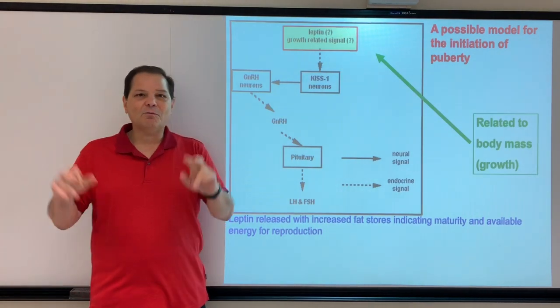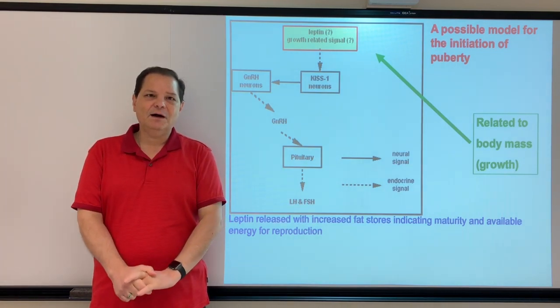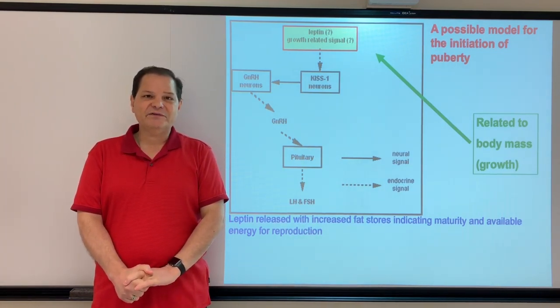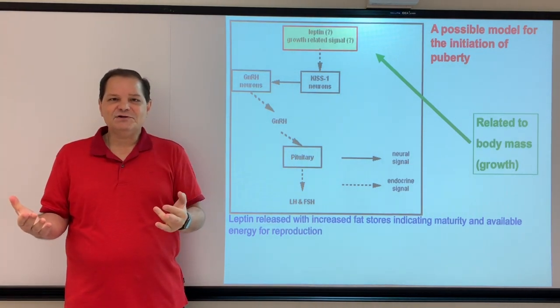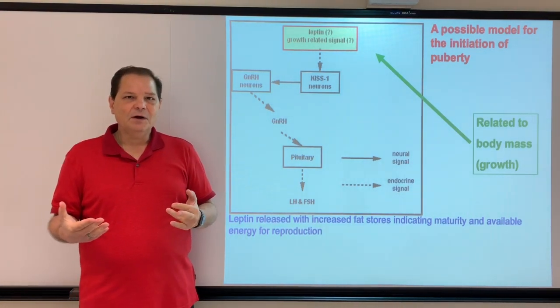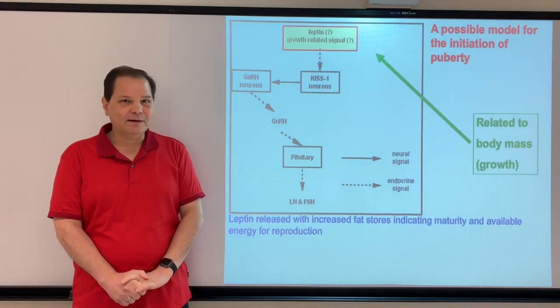And the more ready you are energetically to mediate reproduction, the process of reproduction. In other words, there's a lot of energy that's necessary for reproduction, particularly in the female, okay?